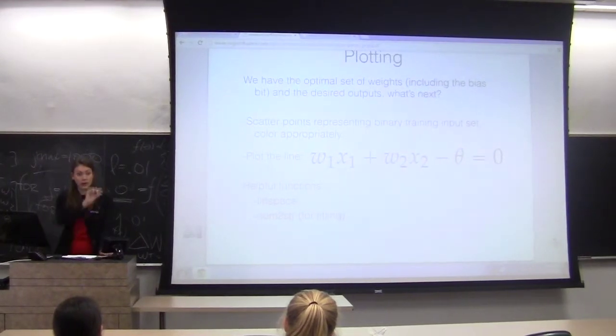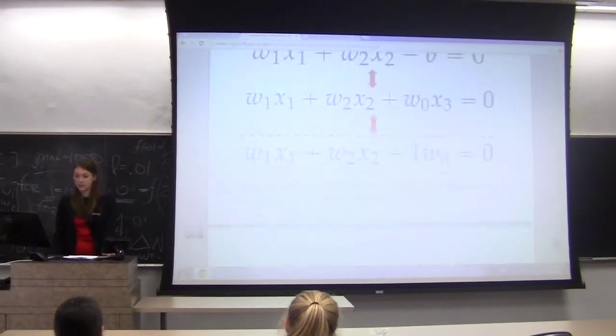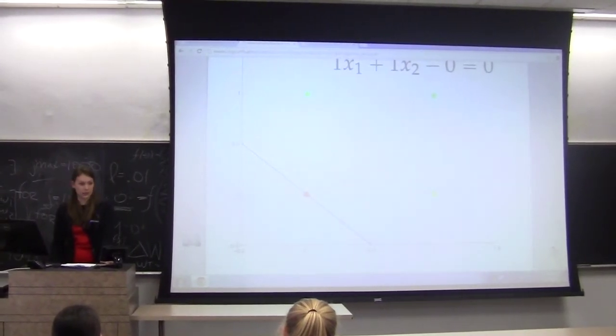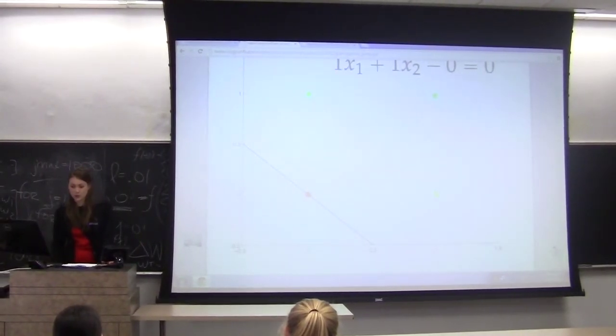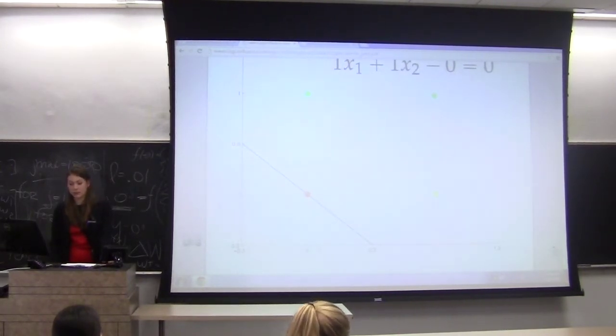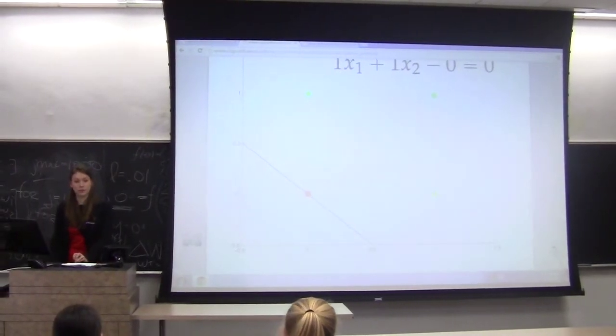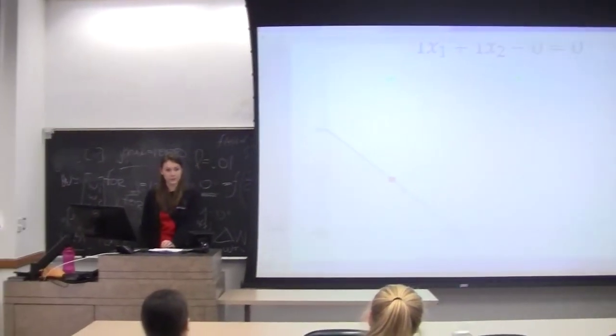We need to know for whatever input on the x-axis, what's the perceptron going to give us, right? What is that thresholding line for the thresholding function? So if we gave the perceptron an input of 0.1, then what's it going to return? We need to be able to follow it up to the line, right?